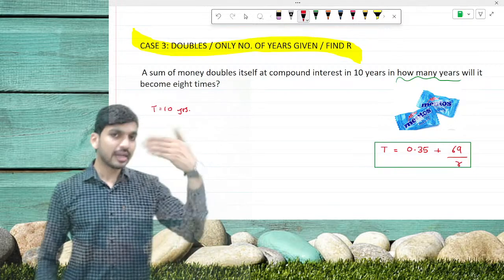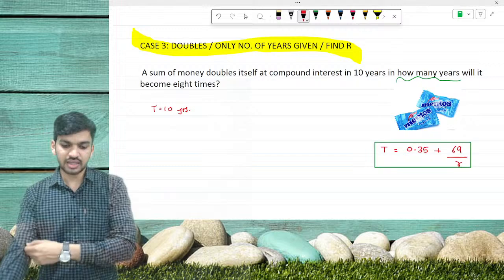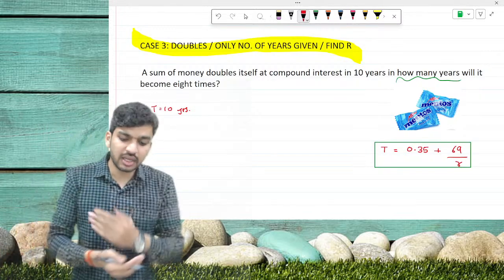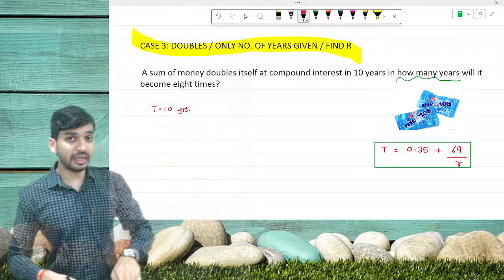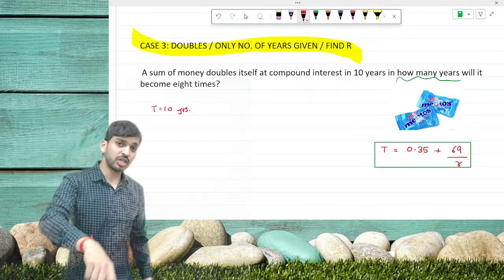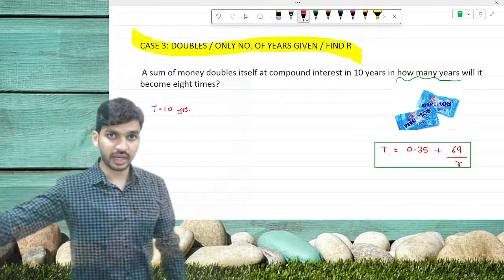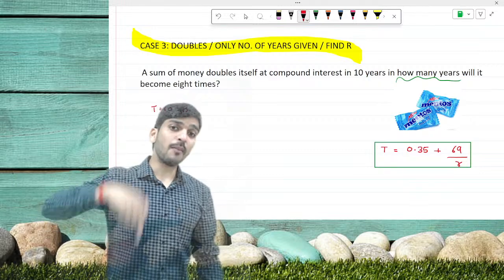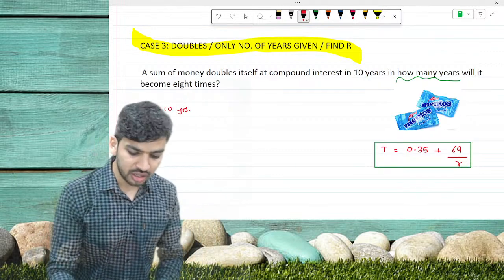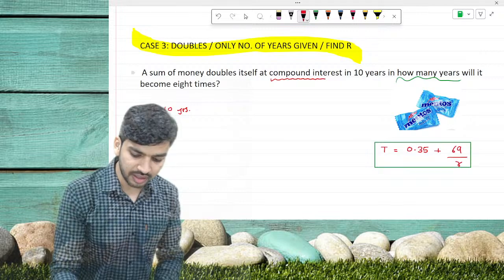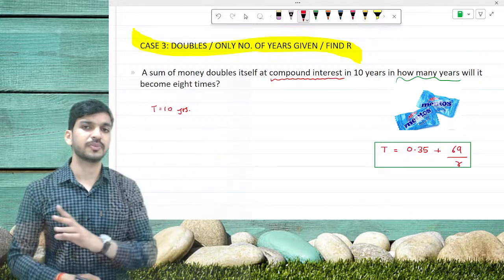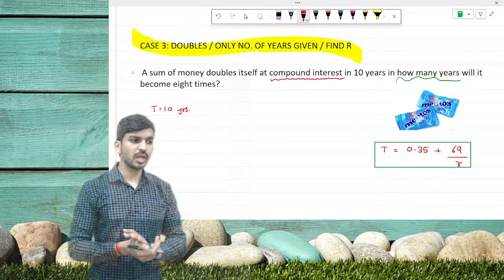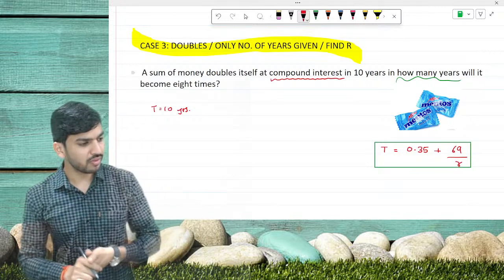The money is getting doubled in 10 years. In how many years will it become 8 times? See, the same kind of question was there in simple interest, correct? But here compound interest is mentioned, therefore we have to solve it by another method, and that is this method. So let's try to understand how to solve this.